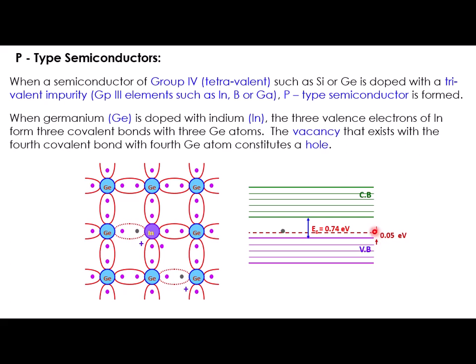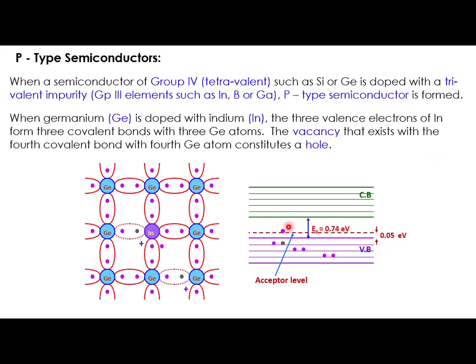The difference between the acceptor energy level and the top of the valence band is very small, around 0.05 electron volt. Since this energy is very small, with a very little amount of heat energy, this hole in the acceptor energy level will be able to pull up an electron very easily from the valence band, like this.